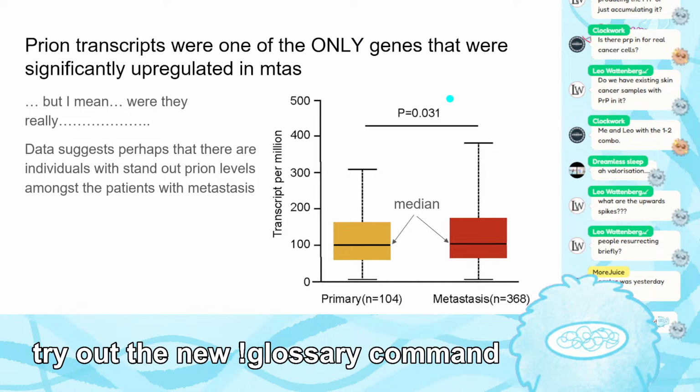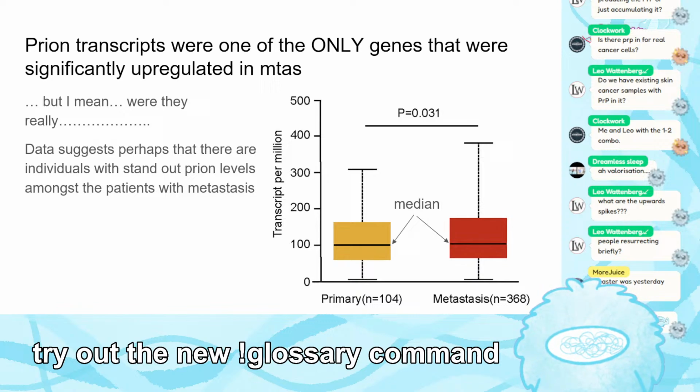We can see that the patients with metastasis have a larger range of transcripts. Transcripts are mRNA molecules, so they have more prion mRNA molecules. And according to whatever statistical test they did, this difference is statistically significant, even though the medians look identical, and the quartile ranges also look identical.